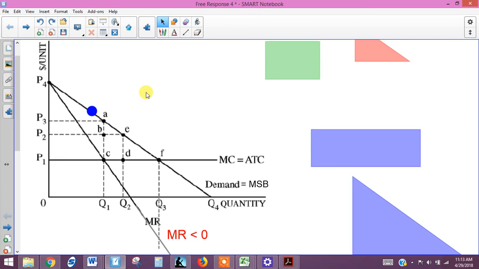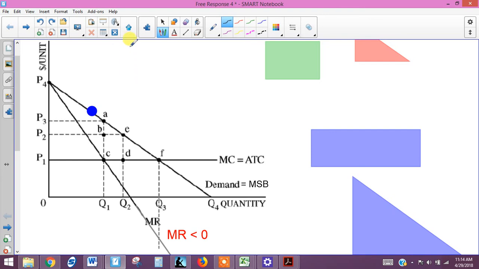Now, the other way we can think about this is to think about what total revenue looks like. Let me just grab a pen here, and I'm going to draw it sloppily. It's going to look something like this is where it's 0, so let's put a point right here where marginal revenue is 0, because where marginal revenue is 0, that's where total revenue is maximum.